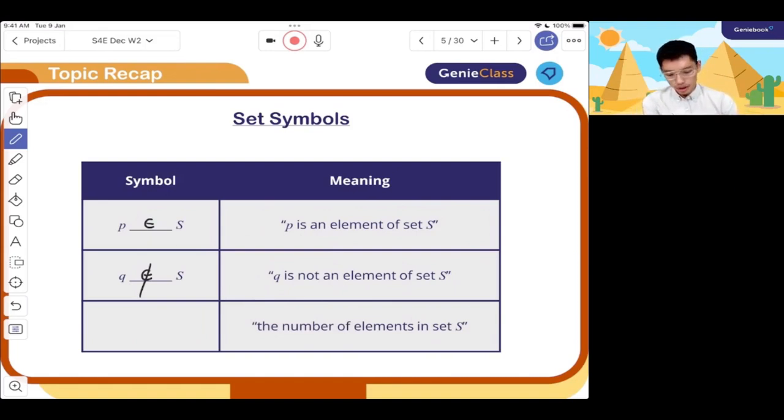I'll give you a while. To get your brain started, how would we say the number of elements in set S?